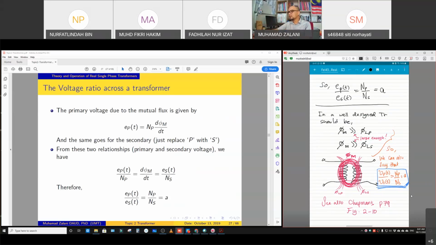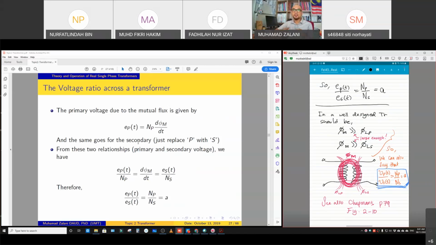So in the explanation of the real transformer, we end up with almost the same equation as the ideal transformer. All right.